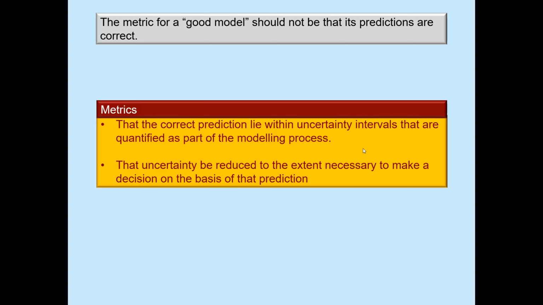But the main point here is this. Just because a model's calibrated, it doesn't mean that it's going to make a correct prediction. It means it's going to make a prediction for which the potential for incorrectness has been minimized.